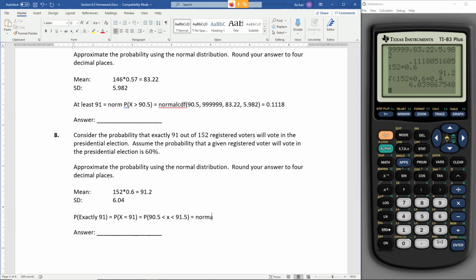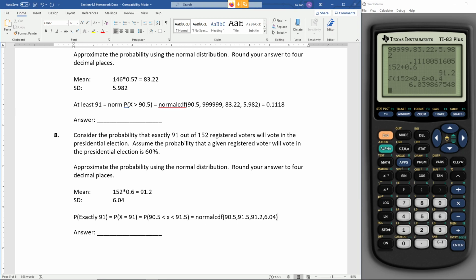So that's normal CDF, 90.5, 91.5. The mean is 91.2, and standard deviation 6.04.